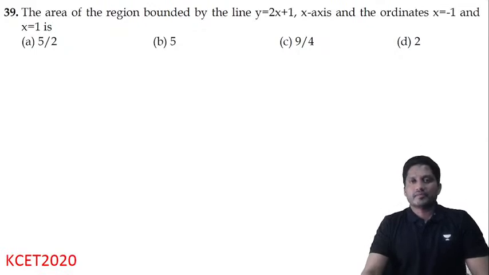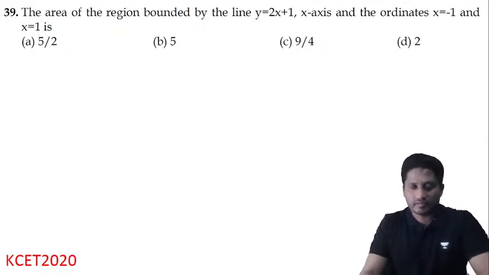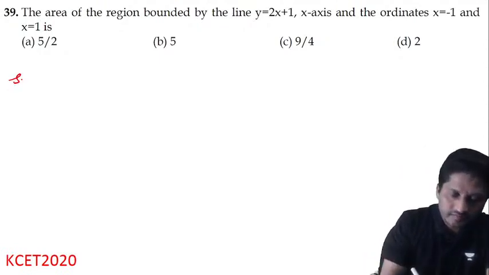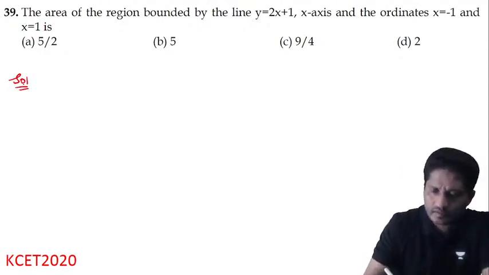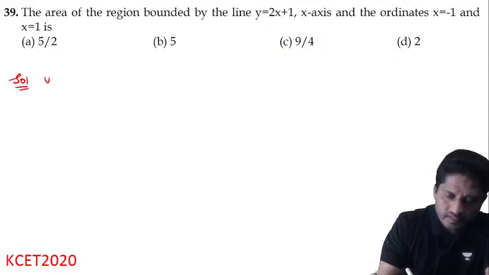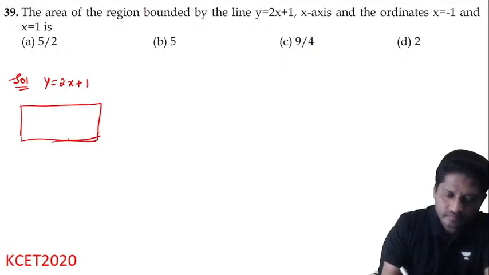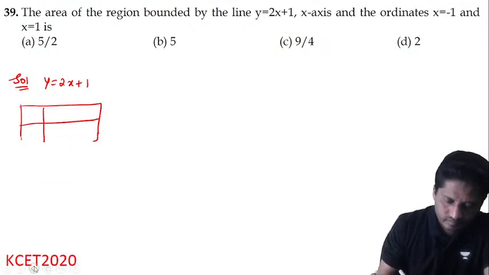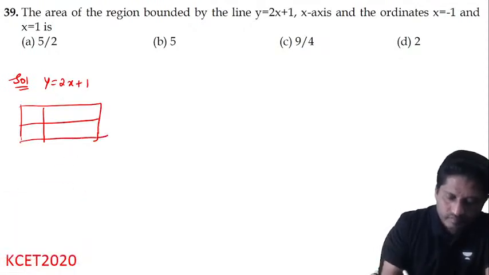Area of the region bounded by y is equal to 2x plus 1, x-axis, and the ordinates x equal to minus 1 and x equal to plus 1. Okay, now listen. If I plot the graph for this, this is x, this is y.